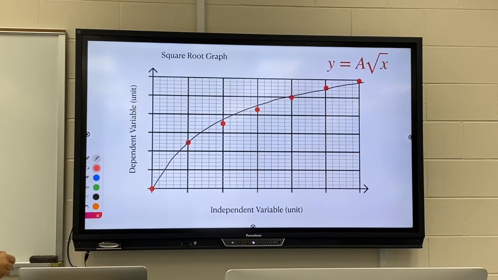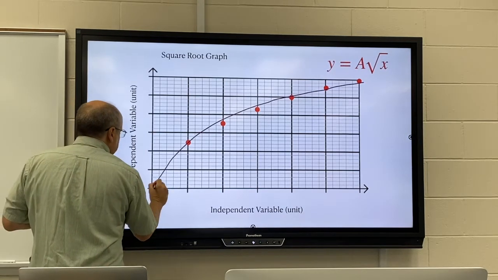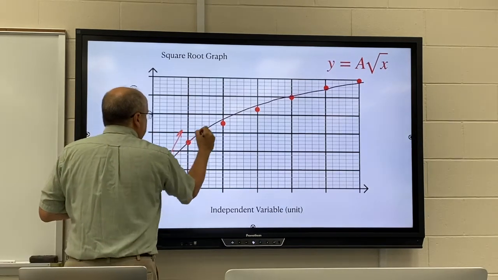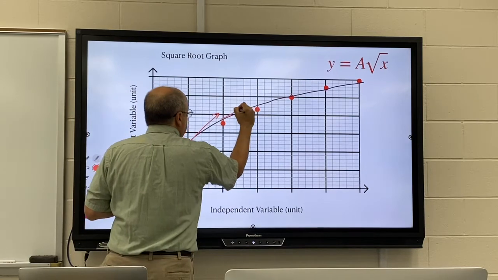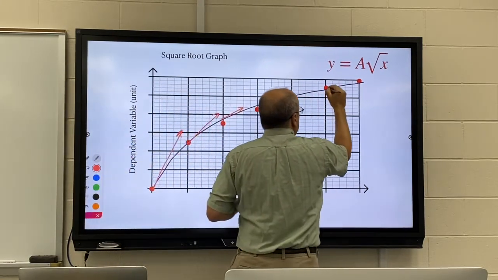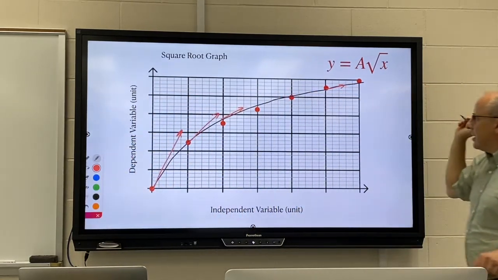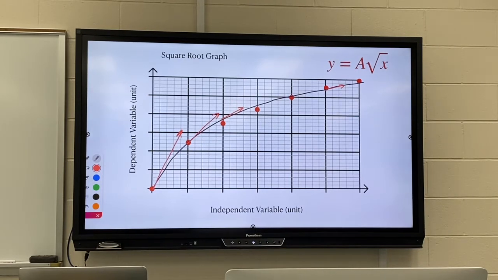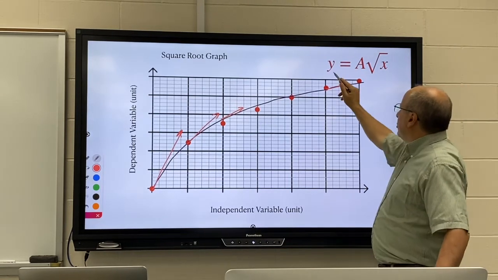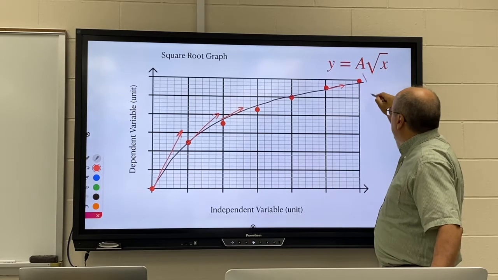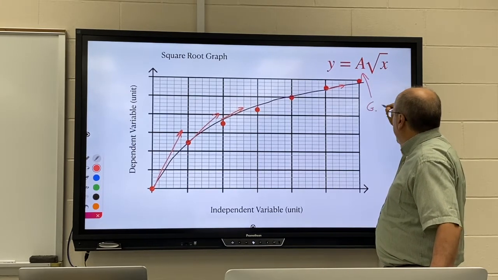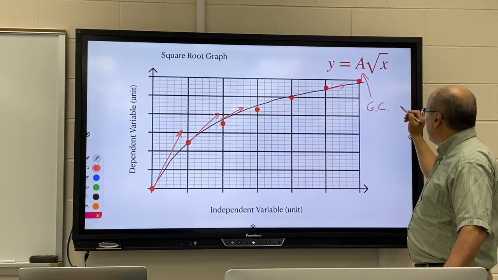Square root graph. Just the opposite. It starts out really steep, gets less steep and less steep and less steep as time goes on. The equation is y equals a square root of x. A again is called your graph constant.